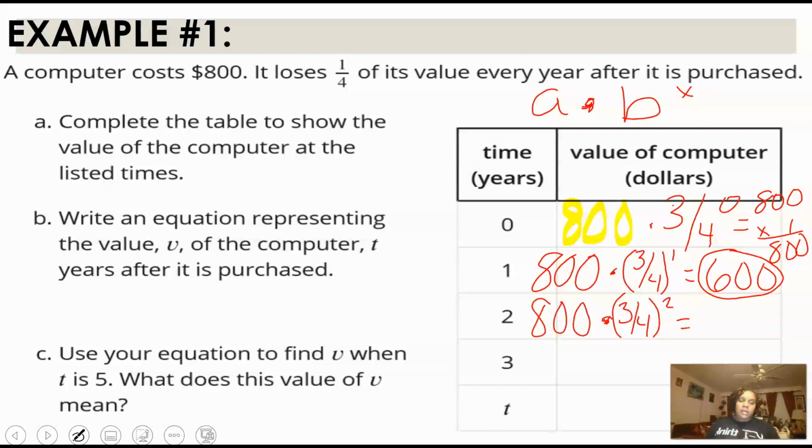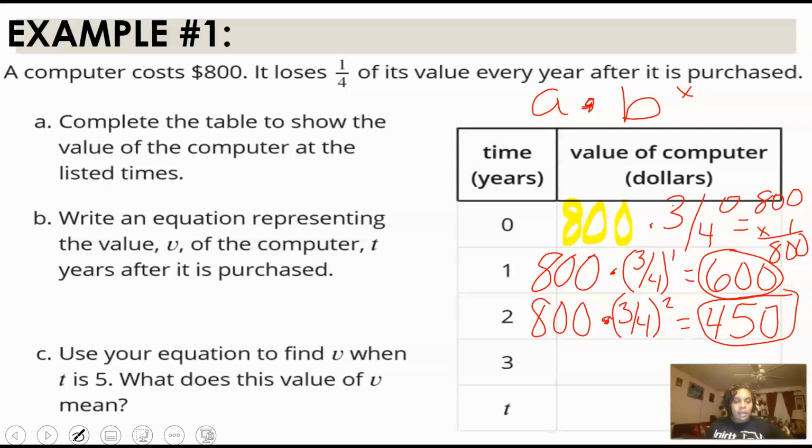Okay. 9/16 in decimal form is actually 0.5625. And you could multiply that by 800, and your answer should be 450.